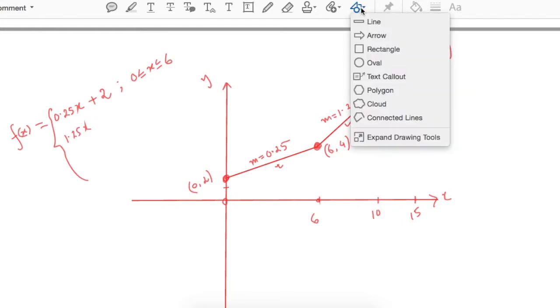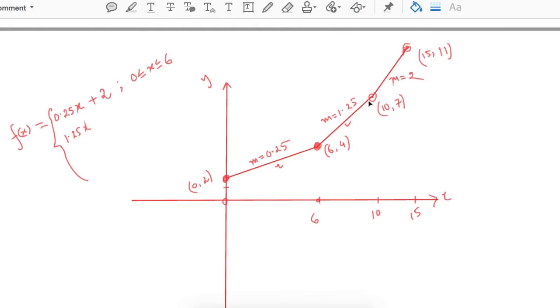So you see, if we extend this line back, then it will touch the y-axis at this point, and at this point the value of y is negative 2.5.